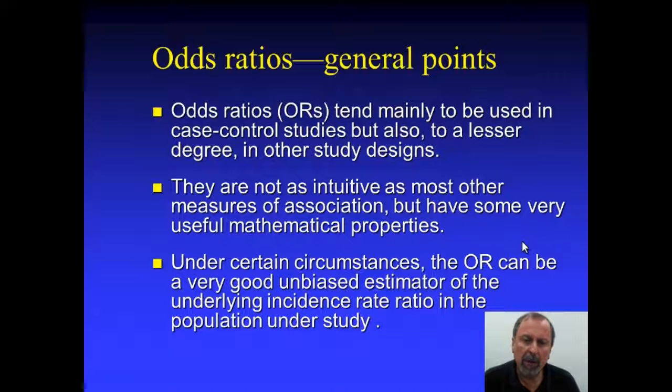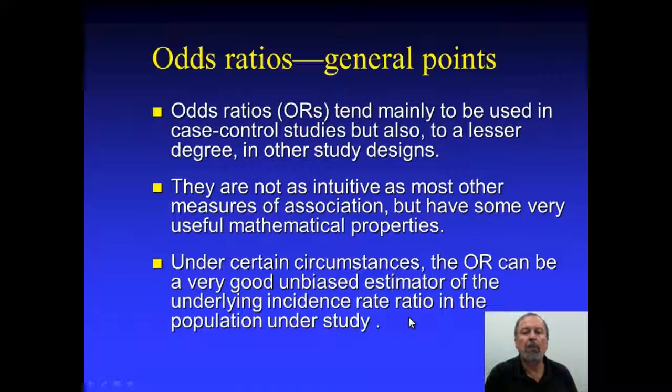But I've left talking about them till now, as they're not so intuitive as the other measures that we talked about, like the incidence rate ratio or the risk ratio. They take a bit of thinking about and a bit of getting used to. But provided that the cases and controls are selected in an appropriate way, and we're going to be talking a lot about that, then they provide a very good unbiased estimator of the underlying incidence rate ratio in the population.